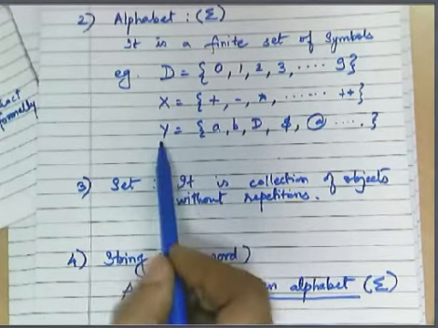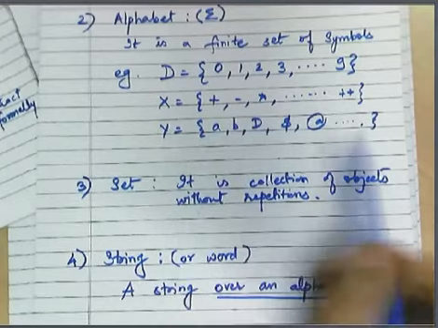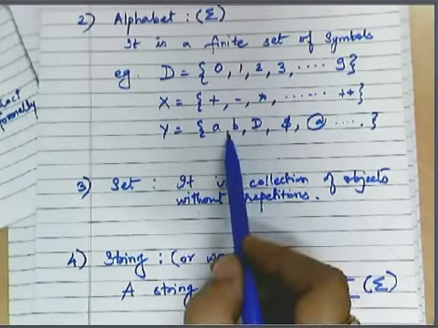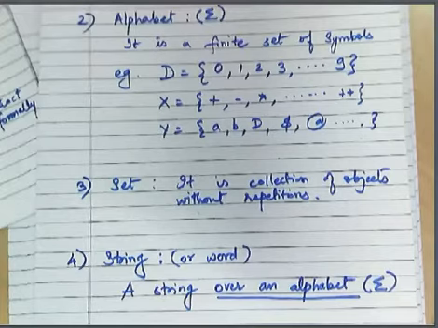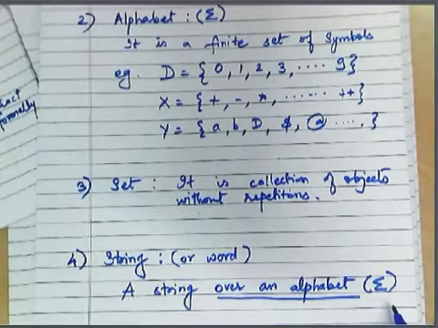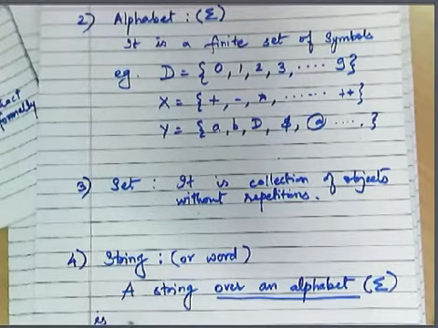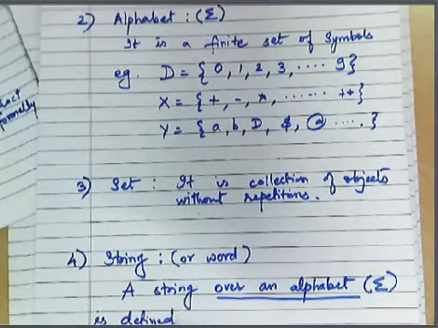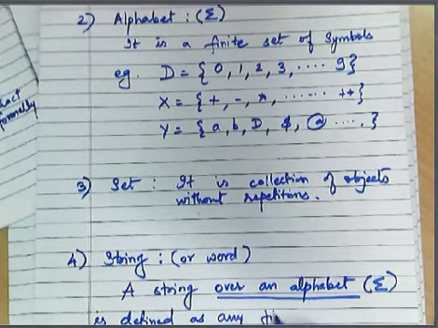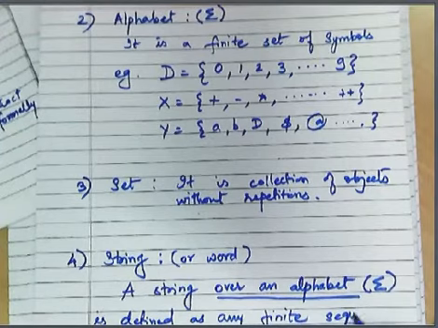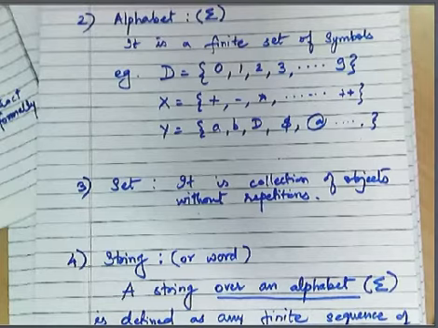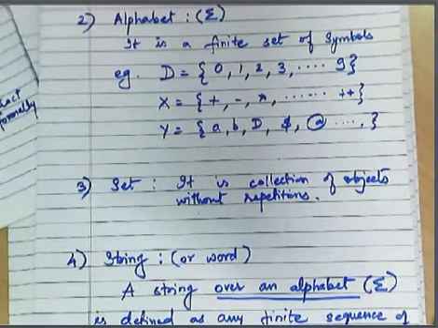If I want to form a string, I need to use only the symbols which are available in this alphabet. So a string over an alphabet is defined as any finite sequence of symbols from the alphabet.